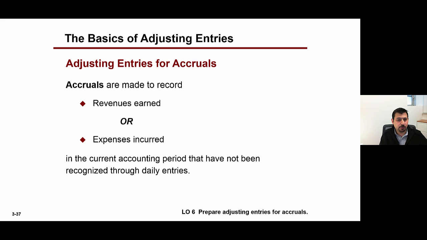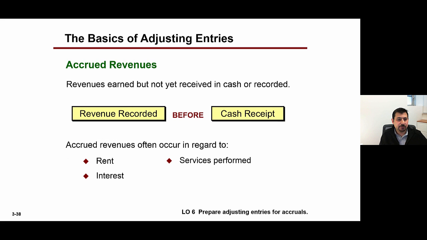The word accrual in general means that this is something that is accumulating. So those are revenues that we have not received cash for. We started earning the revenues, we started accumulating those revenues, but we did not get cash.